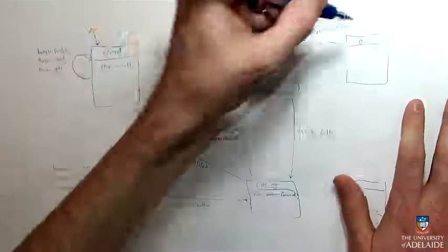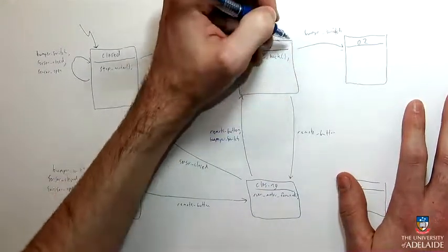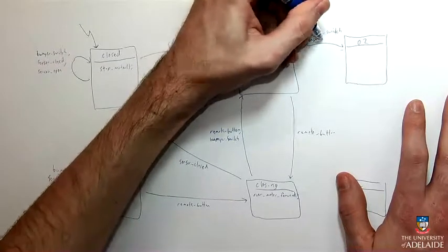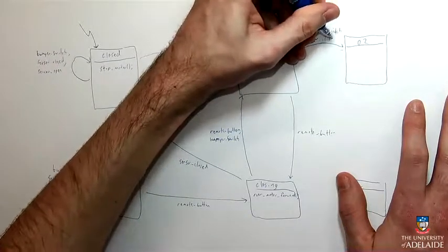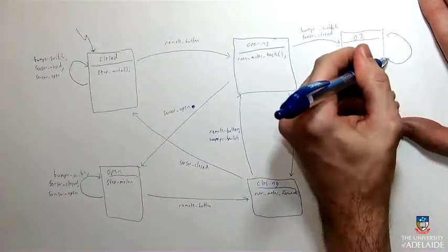So bumper switch and sensor closed takes us there, and then we can safely loop here.